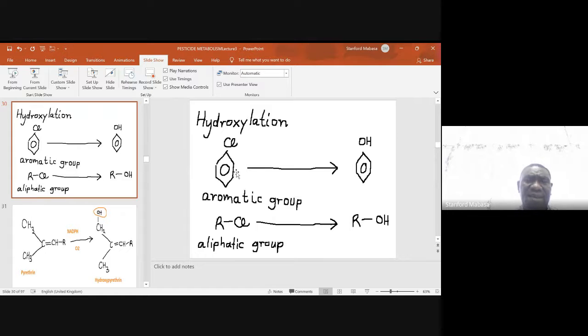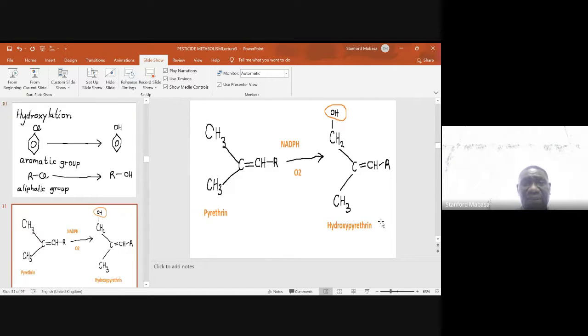This could be from the aromatic group because of the benzene ring. If it is a straight chain carbon atom group or aliphatic group, we also have the replacement of Cl plus OH. Again, hydroxylation.